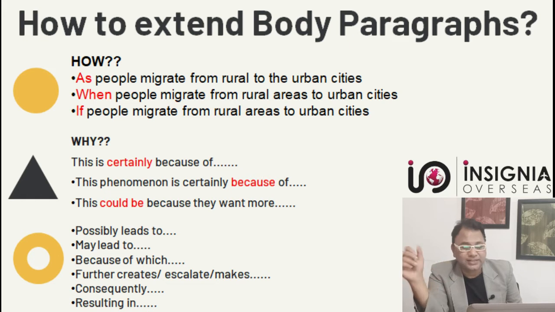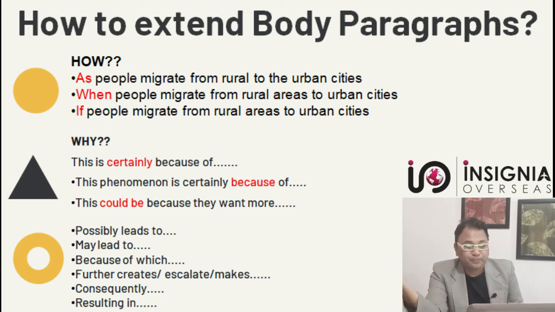You can use sentences like this is certainly because of, this phenomenon is certainly because of the reason. So here you're presenting why. So let's repeat. One, start your body para with a starter or a connector. The second is the what of your idea. The second part is the how of that main idea, and the third part is why.